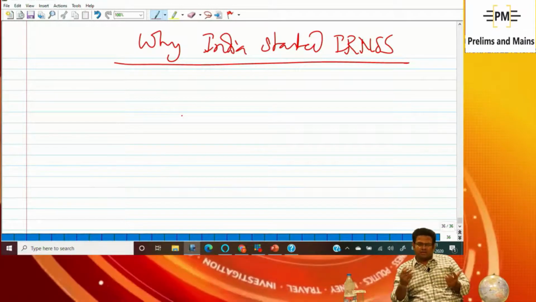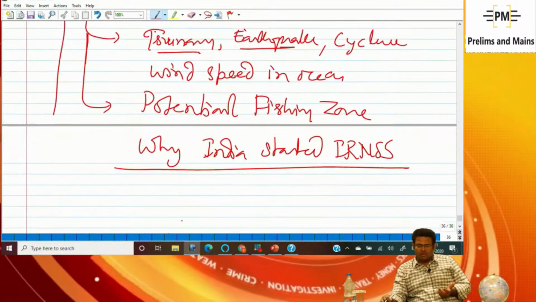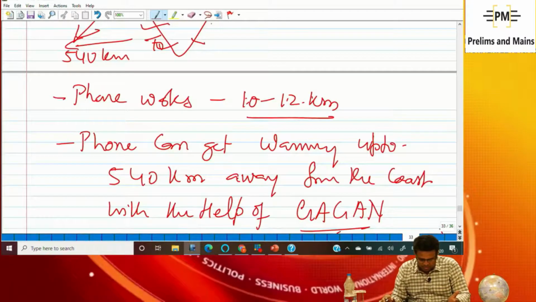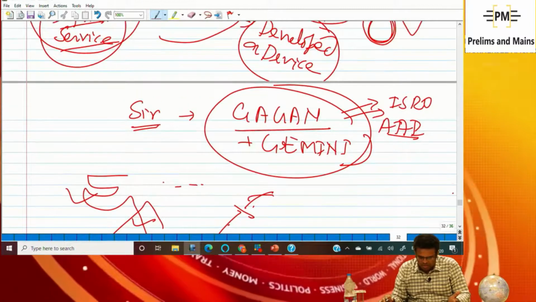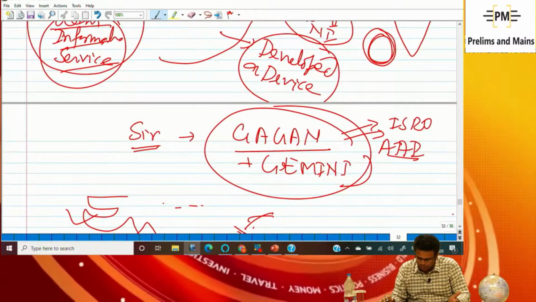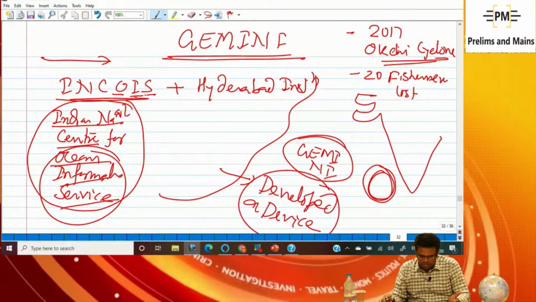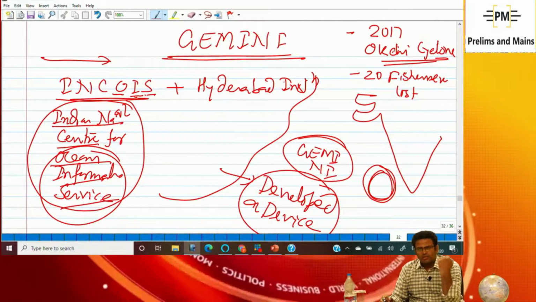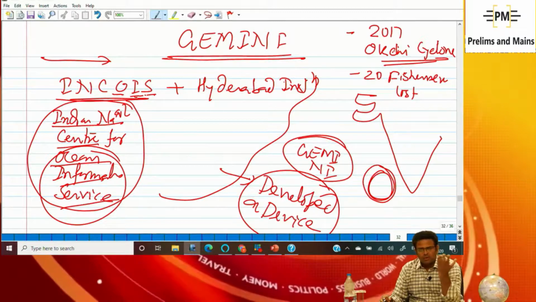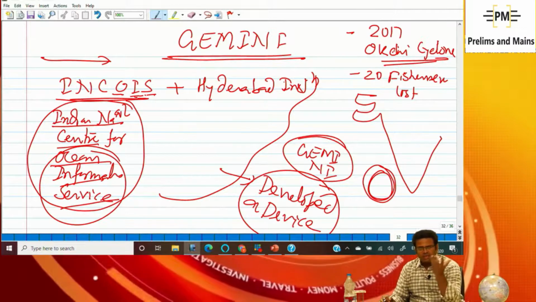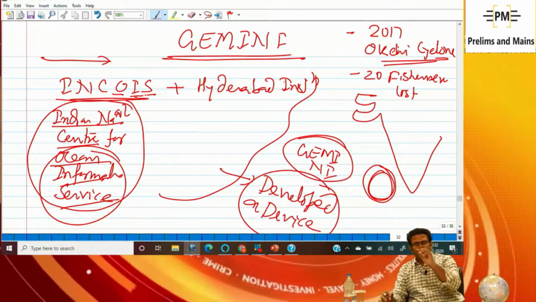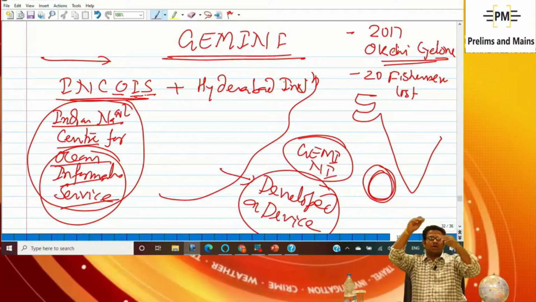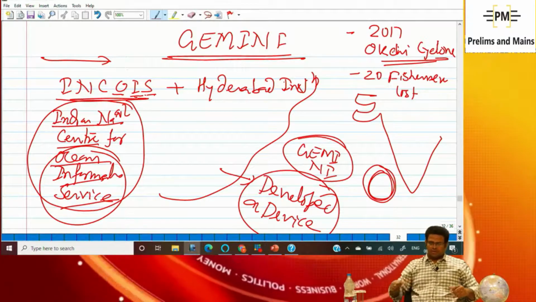What is Gemini? I said again, so many times I am explaining, Gemini is a device that has to be attached, utilizing, and this is the device which has to connect with Gagan.